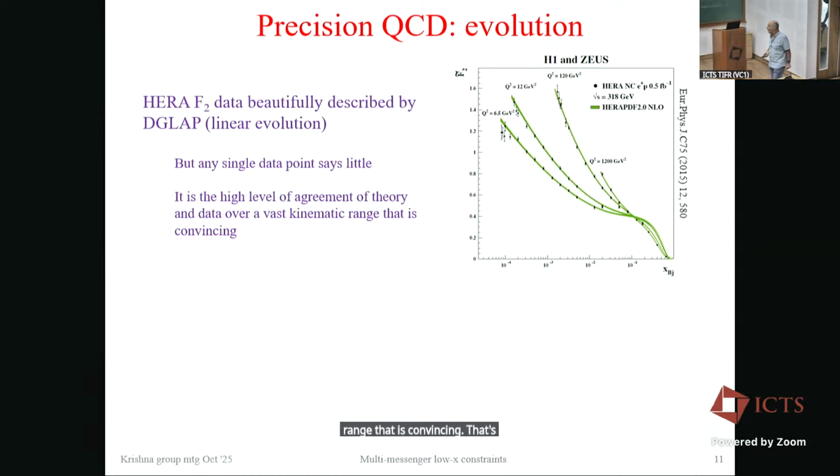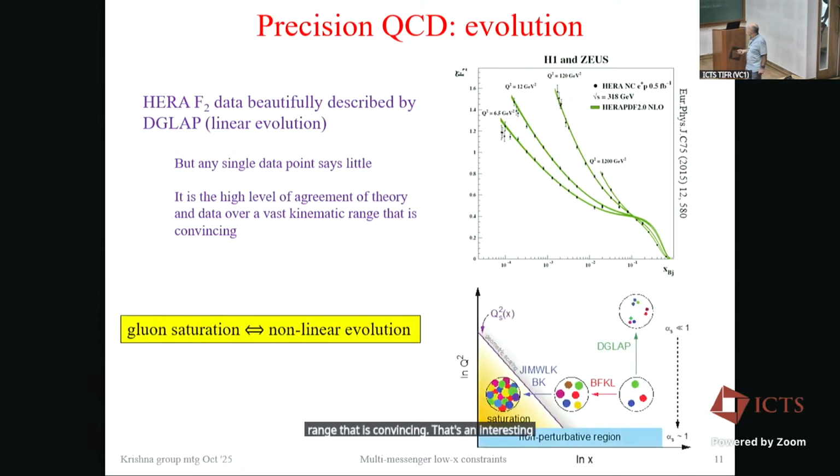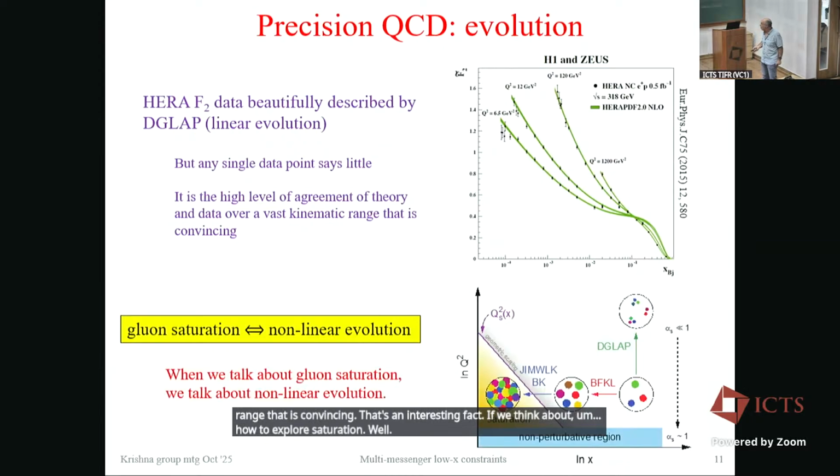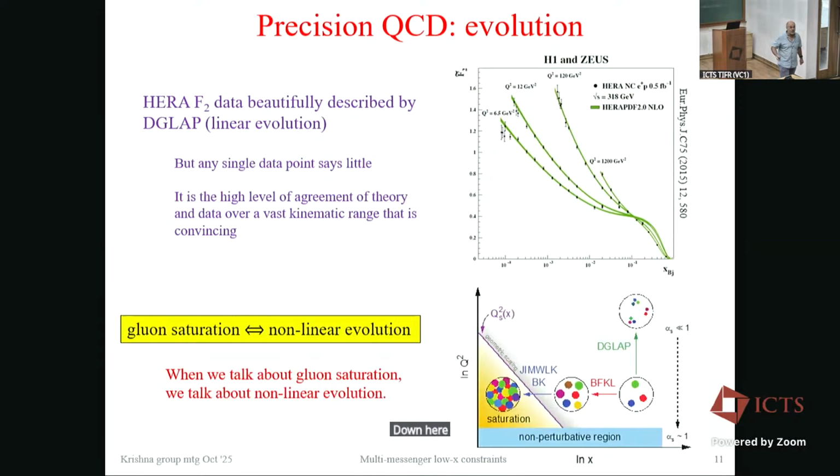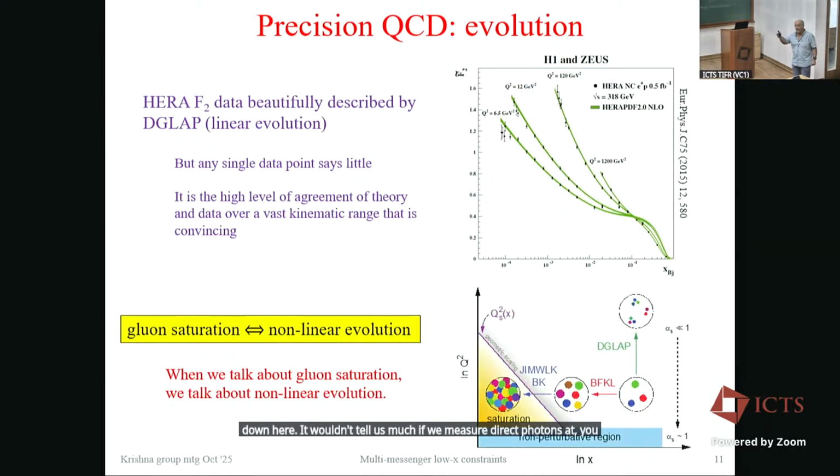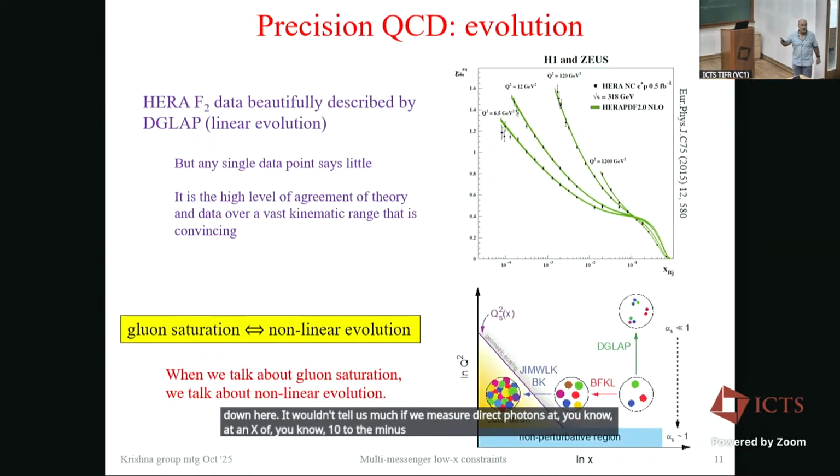That's an interesting fact. If we think about how to explore saturation, well, the same has to be true. We talk about gluon saturation. What we're really talking about, we don't just want to measure one observable in one point down here. It wouldn't tell us much if we measure direct photons at an x of 10 to the minus 5 and we see a suppressed rate.